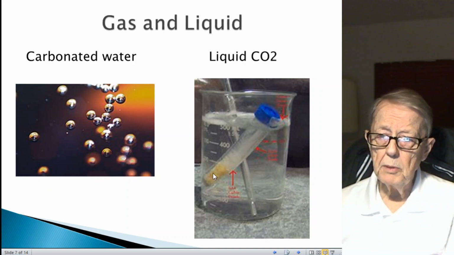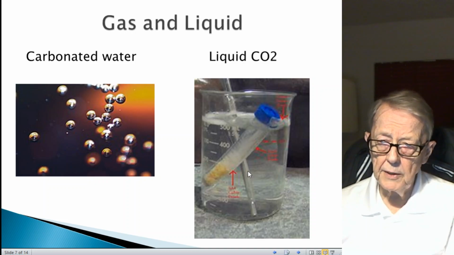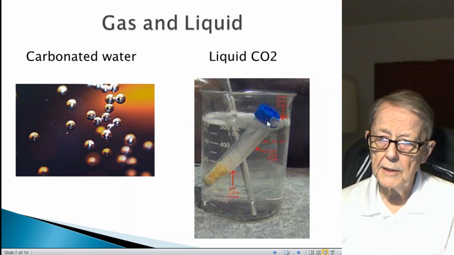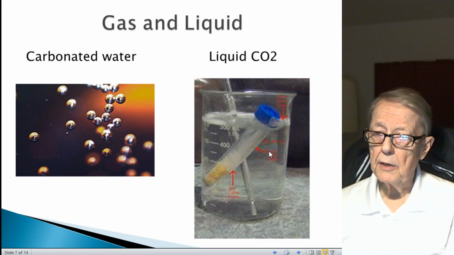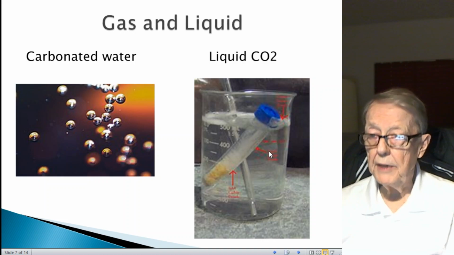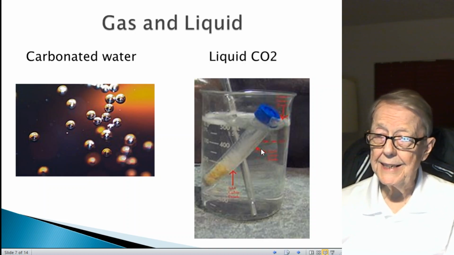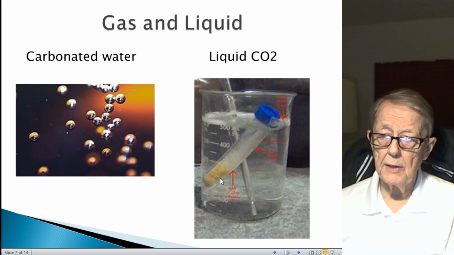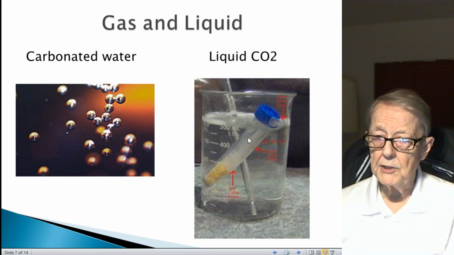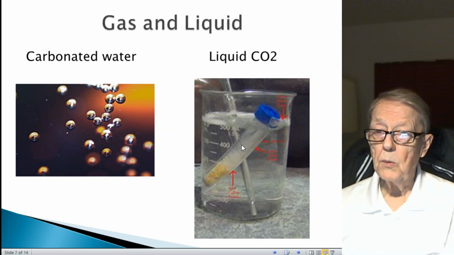This is a tube of CO2 in which, you can't read this, I did, of course, is solid CO2 here, liquid CO2 up here, and it's capped in a tube because, as you can see, liquid CO2 needs pressure, and it needs a high temperature. So I don't know, maybe this is hot water. It's not clear to me what's going on here at all, except this is one example of liquid CO2.